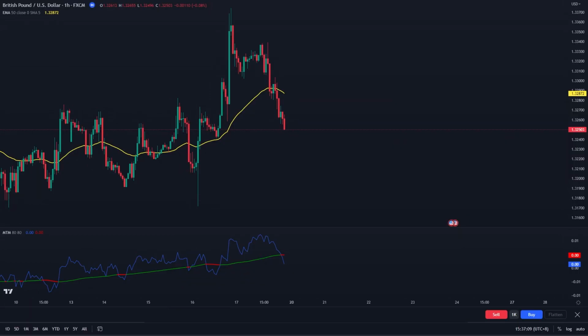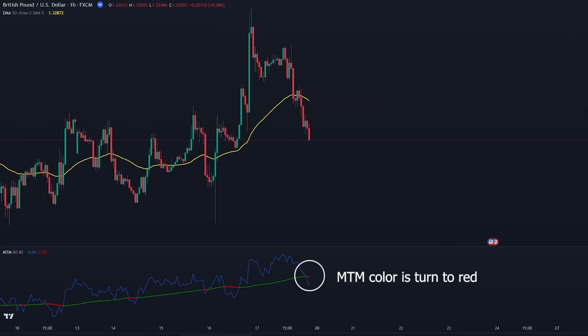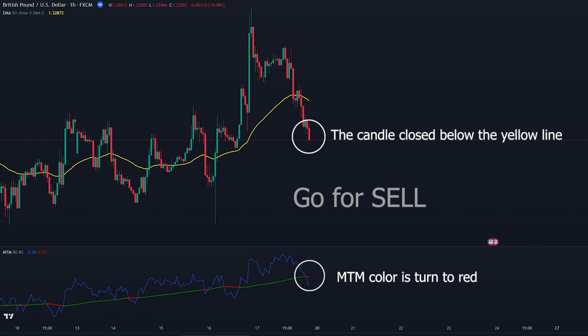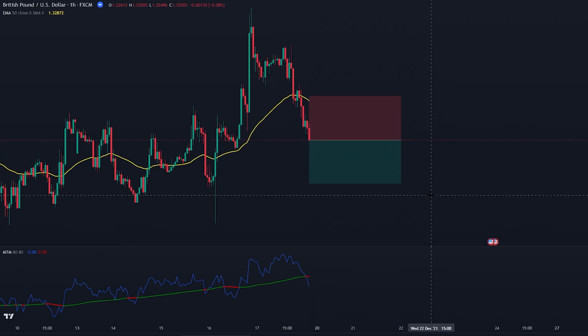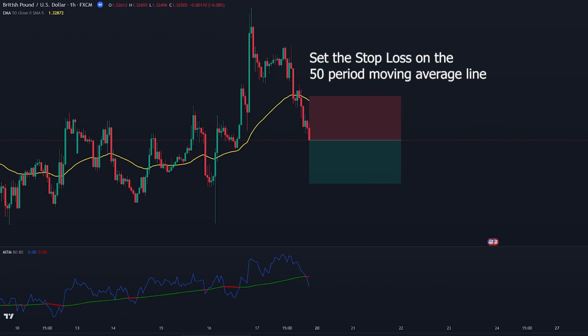You can see in the chart, the MTM color has turned red and the candle closed below the yellow line. You can place a sell entry. Set the stop loss on the 50-period moving average line.